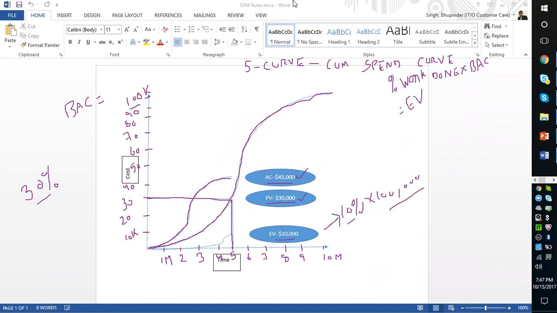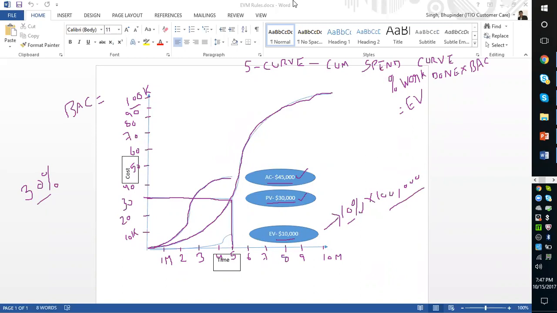It's all clear. Three concepts that I've explained, rather four. One is BAC, which is budget at completion. Then AC, which is actual cost. PV, which is planned value.